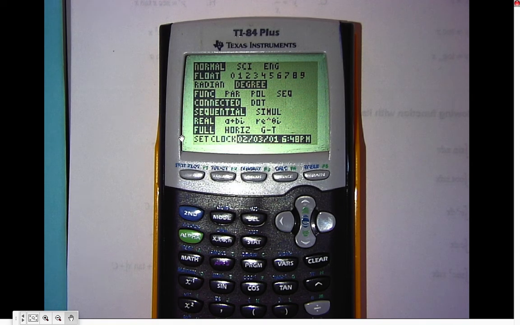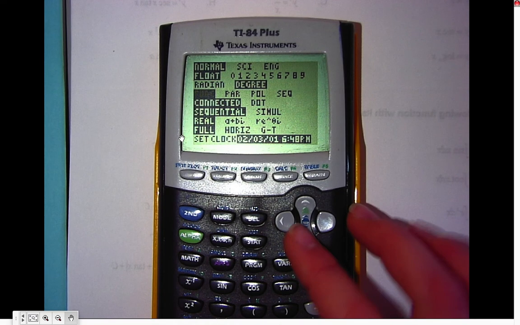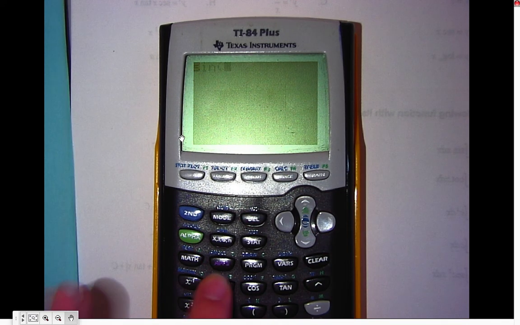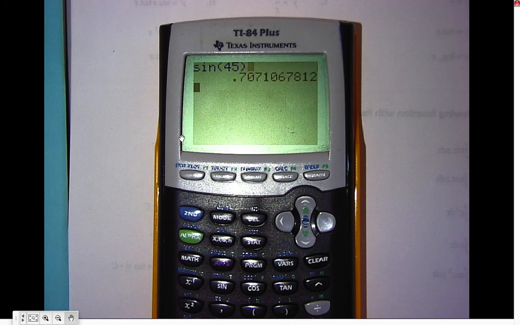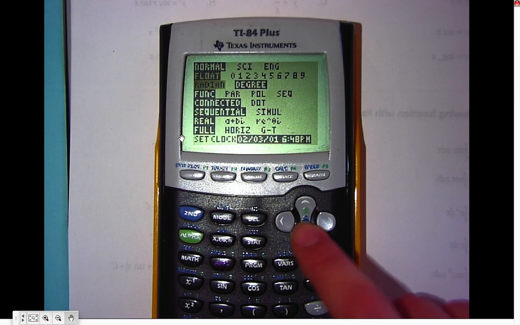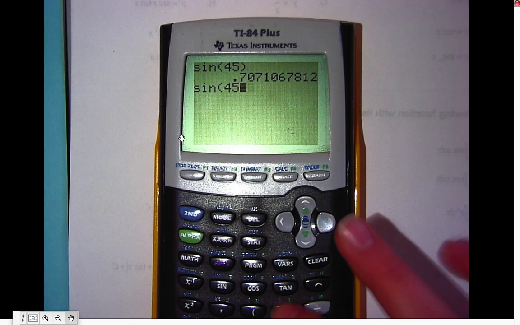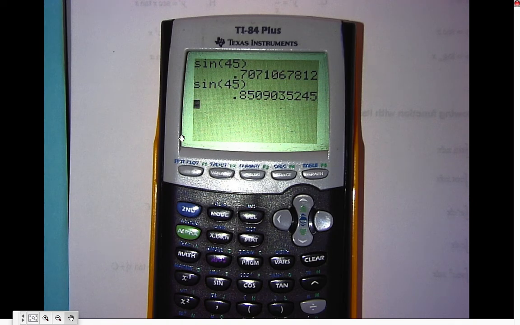So make sure that the degree has the dark black underneath it. When I'm asked to find sine of 45 degrees, I get 0.707. If your calculator was in radian mode, sine of 45 radians does not give you the same answer as sine of 45 degrees.